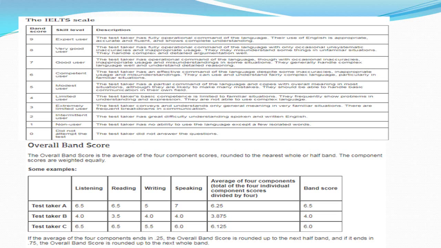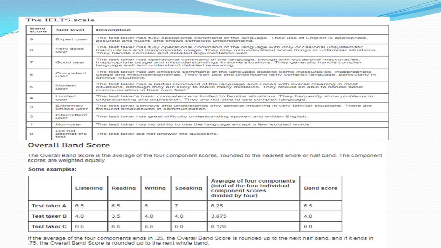The test taker has fully operational command of the language and is well versed in complex language too. And expert user is called 9 score. The test taker has fully operational command of the language. Their use of English is appropriate, accurate, and fluent, and shows complete understanding in English.